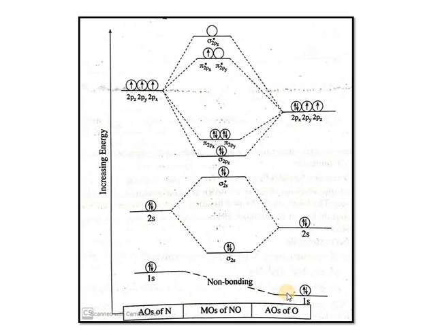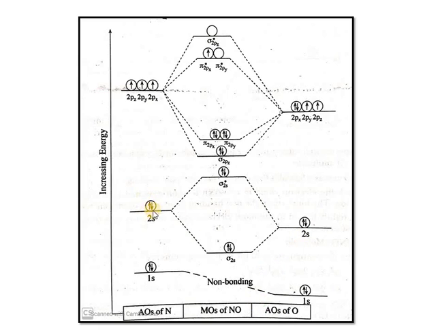Their interactions are very negligible, and they can be considered as non-bonding orbitals. Therefore, the total number of valence electrons available for bonding in the nitric oxide molecule is only 11 electrons.